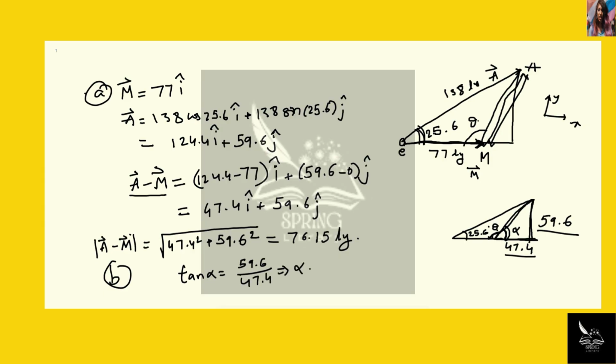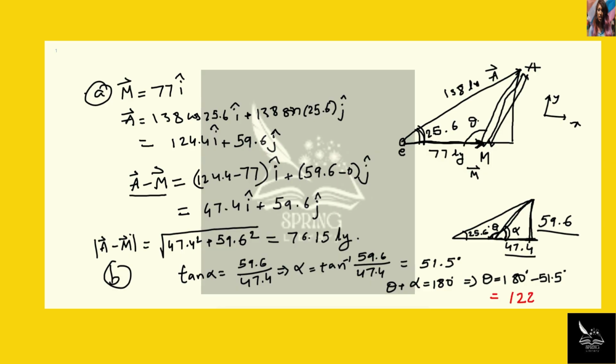Hence, alpha is tan inverse of 59.6 divided by 47.4, which turns out to be 51.5 degrees. Now we know that theta plus alpha is equal to 180 degrees because they are on a straight line. Hence, theta is 180 minus 51.5 degrees. This turns out to be 128.5 degrees.